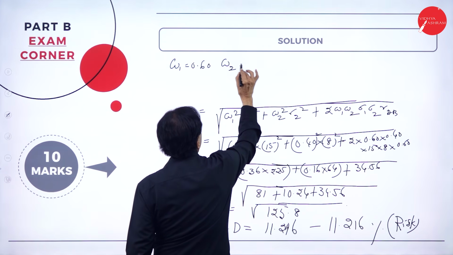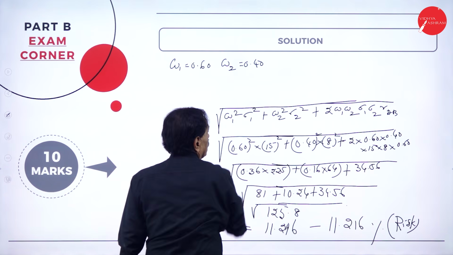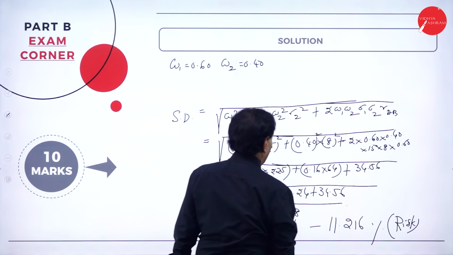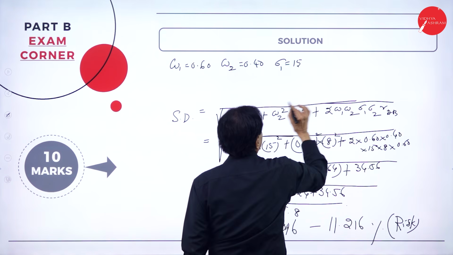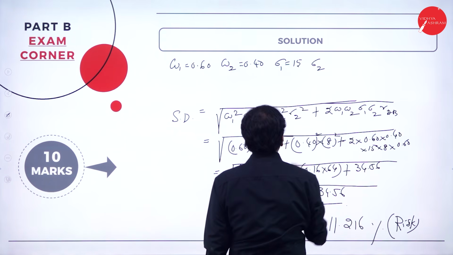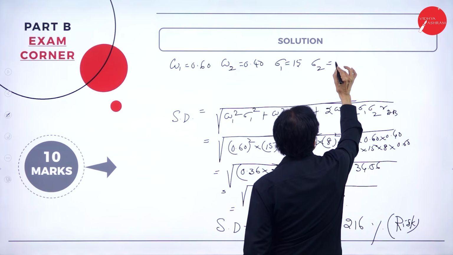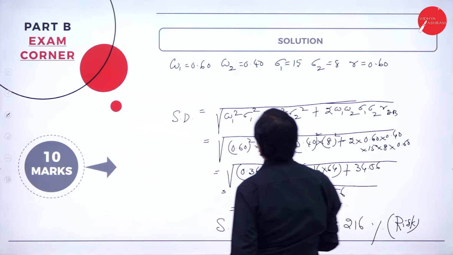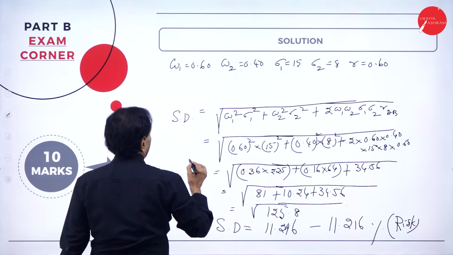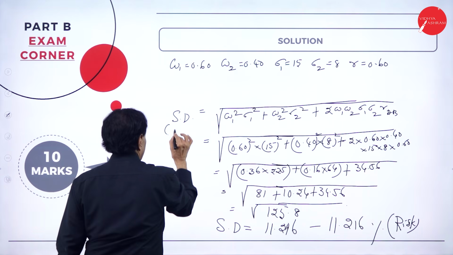W2 is 0.40. Standard deviation 1 is equal to 15. Standard deviation 2 is equal to 8. R is equal to 0.60. You have to apply now. This standard deviation is risk.